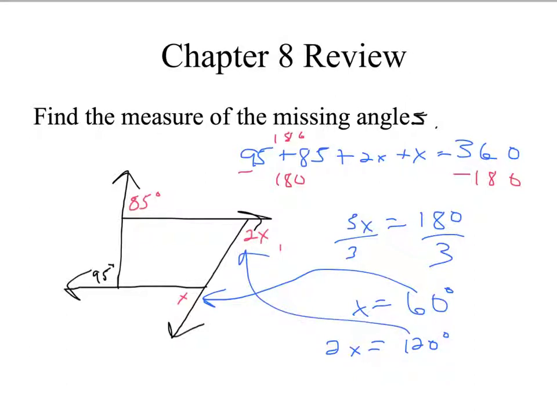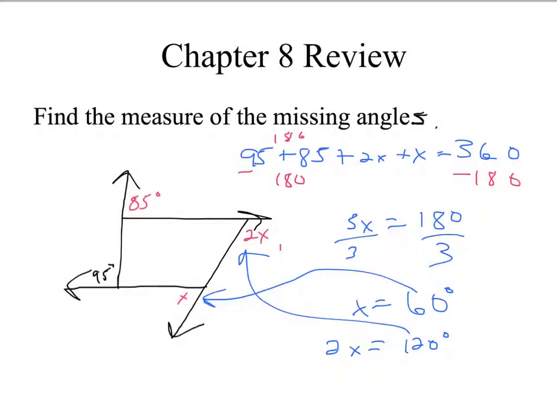Okay, we added up our angles. This exterior angles theorem, you just might need a little refresh, but exterior angles theorem means we add up all of our exterior angles, exterior meaning outside our polygon. So when you look at this, we added all of these up, we set them equal to 360.